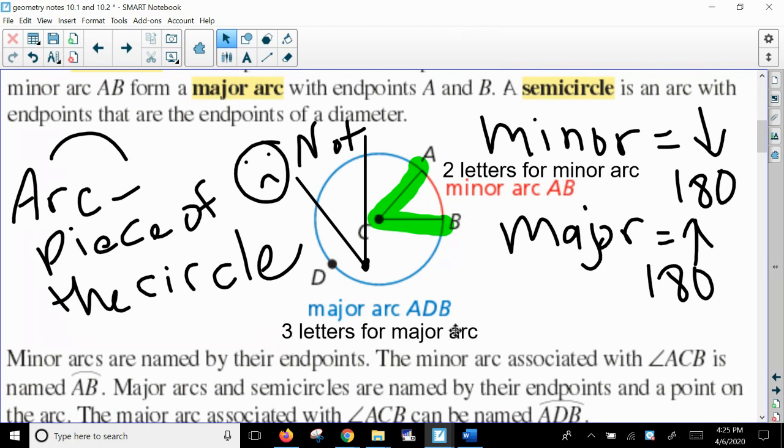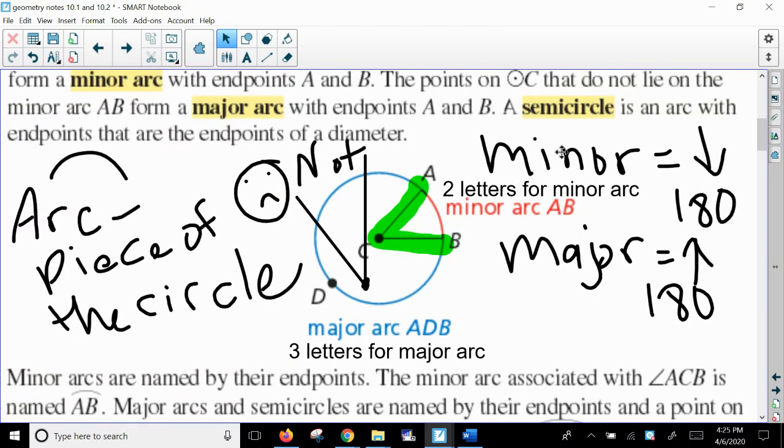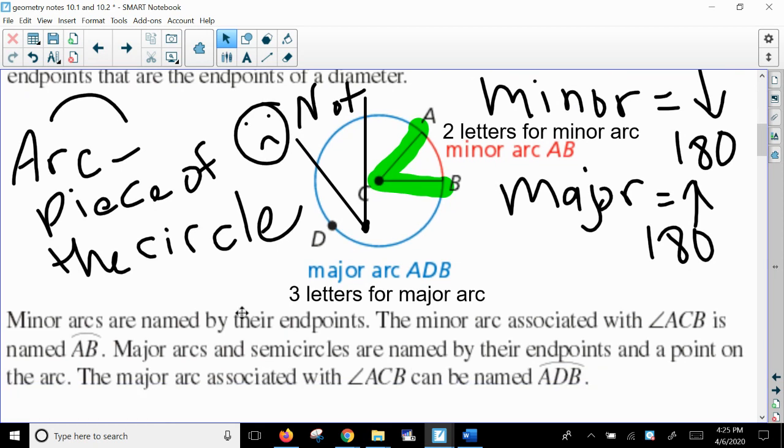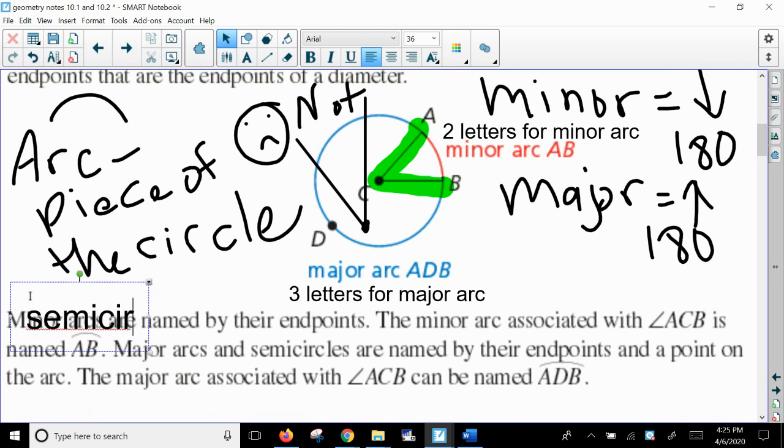Okay. Now, you might say, how am I supposed to know that's more than 180 or less than 180? That's a great question. Because a semicircle is 180. Semi means half. Okay? So a semicircle is half the circle. Semicircle equals half the circle.